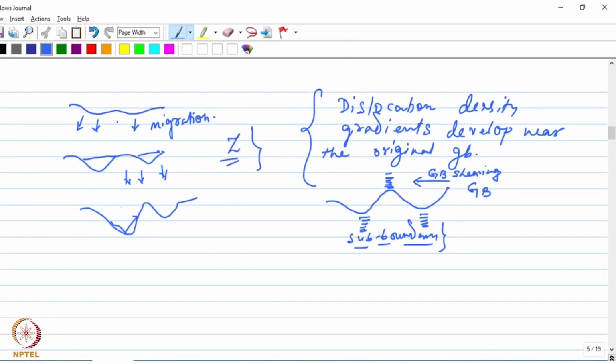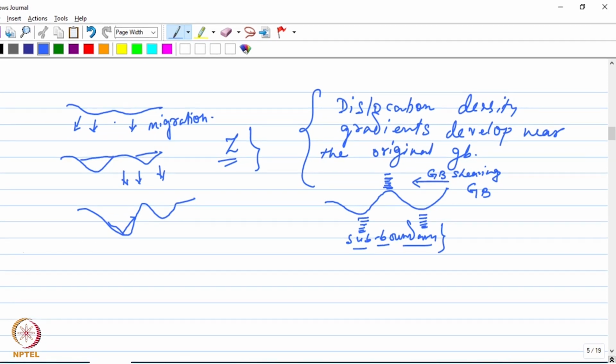While discussing the mechanism of DDRX, we have seen that first, dislocation density gradients are developed near the original grain boundaries due to the incompatibilities between grains. This is accompanied by subgrain formation, eventually leading to the development of boundary corrugations or serrations.